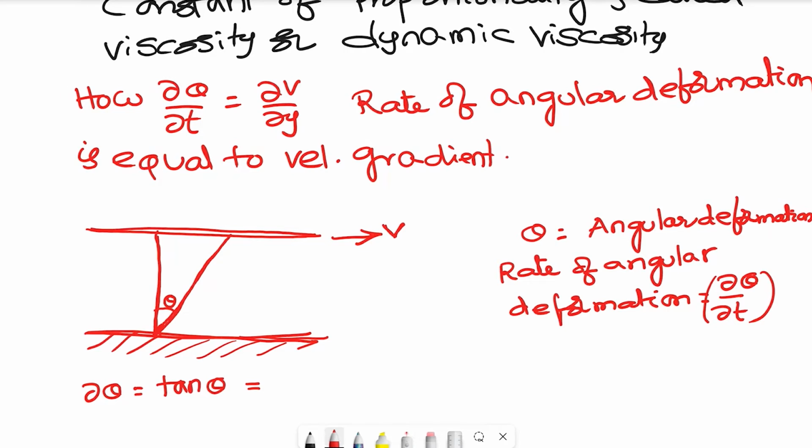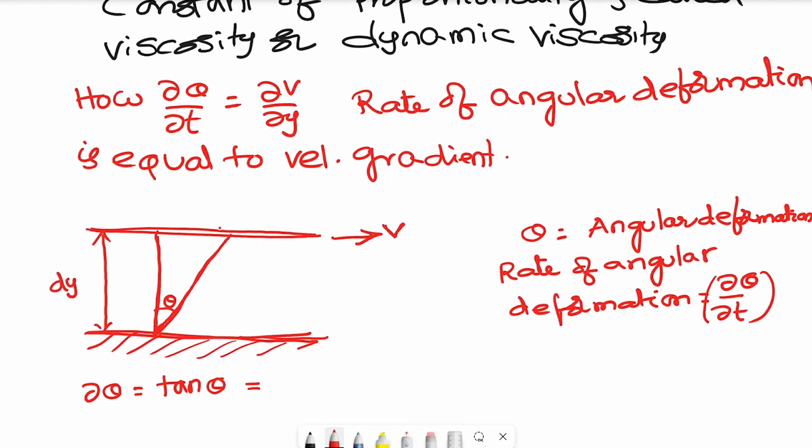That is what we mean by tan θ, right? Now if this plate is moving with a velocity v, I write a very small distance dy.